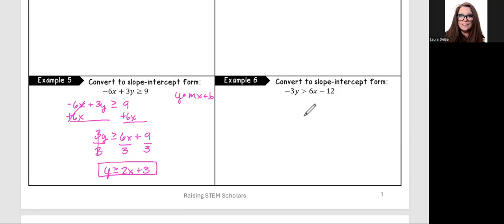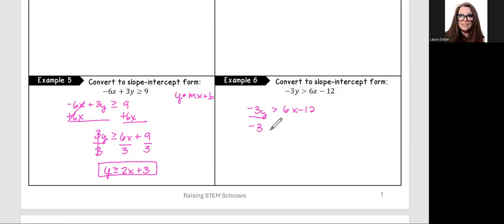All right, let's go ahead and do our last one. So we're going to convert to slope-intercept form again. -3y is greater than 6x minus 12. Well, fortunately, the x is already on the right-hand side. That's good news for us. The bad news is that it's a negative.